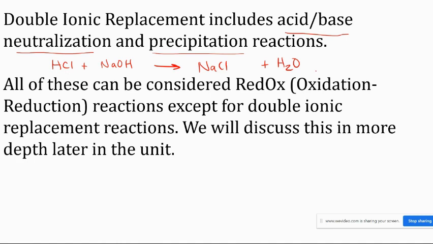This is called a neutralization reaction because you're taking an acid and you're taking a base and you're forming a neutral salt. And we're going to get into why these are neutral later on. And you're forming water, which is also neutral. So this is a neutralization reaction.